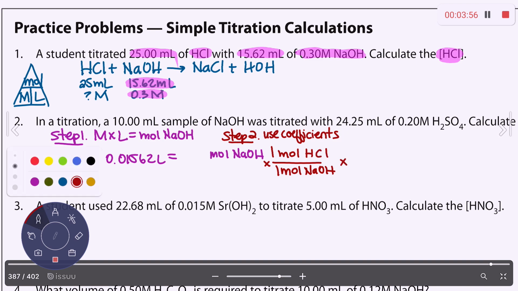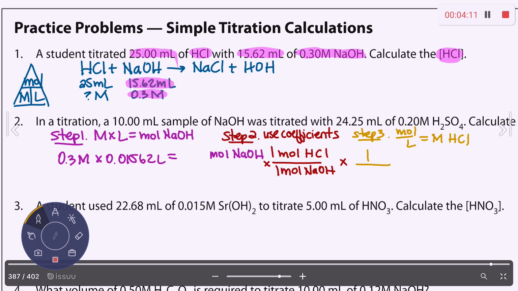And then step 3 will be to take your moles and divide it by liters to give you molarity of HCl. So this is going to be 1 over 0.025 liters of HCl. I got 0.19 molarity. And I rounded it to 2 sig figs because 2 sig figs was the fewest that I had in the numbers that they gave me.